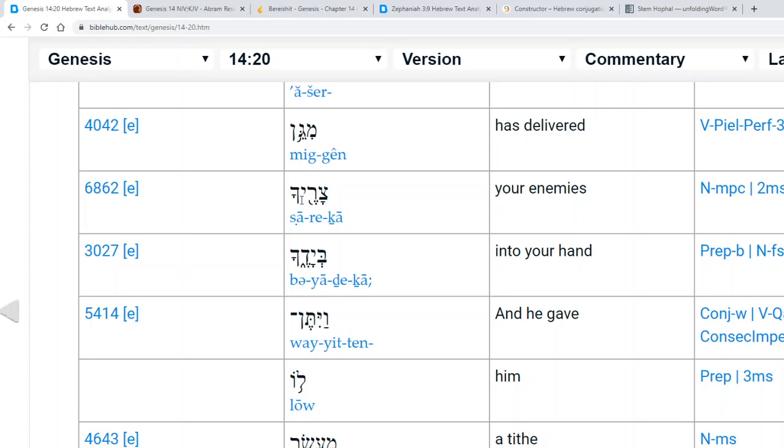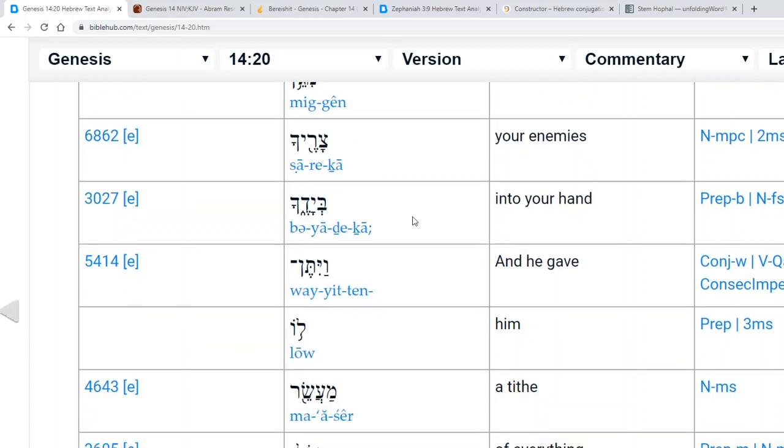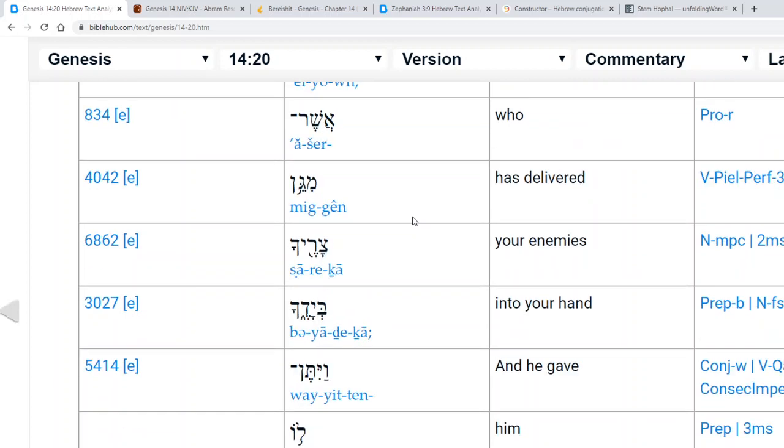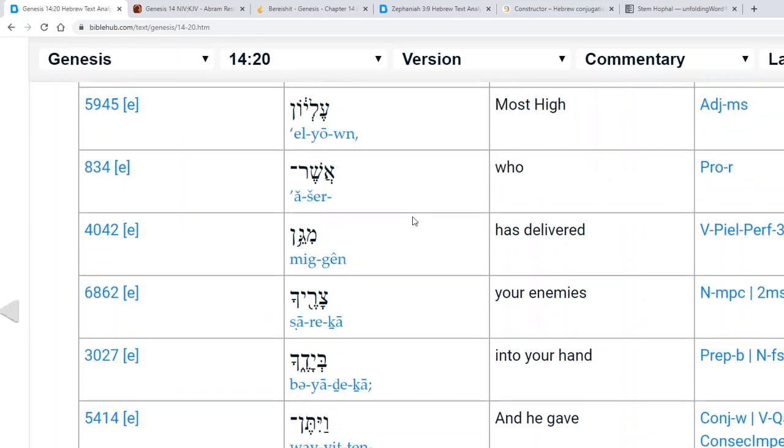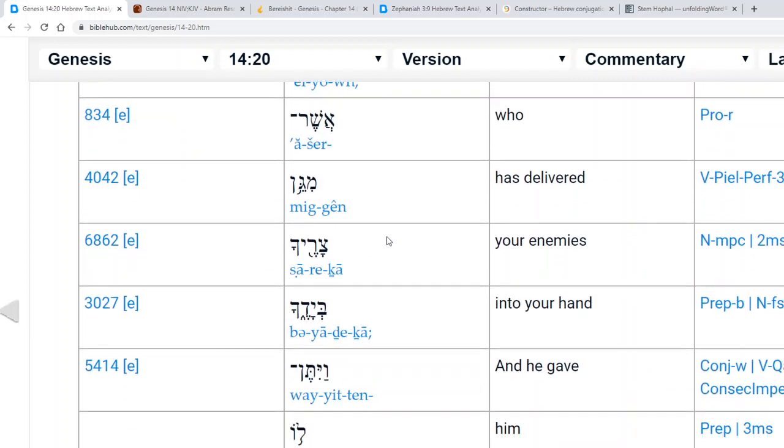There's that two-letter root there, and again, it's related to what we talked about at the beginning of this video. Beyadecha, migen tzarecha. That's interesting. Migen tzarecha.